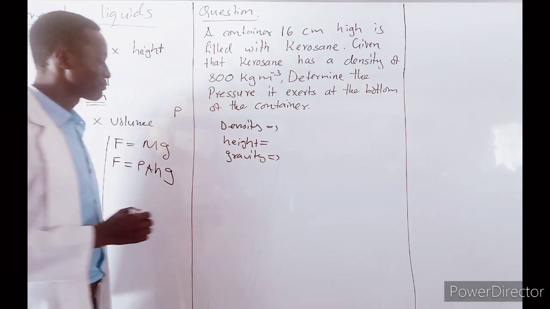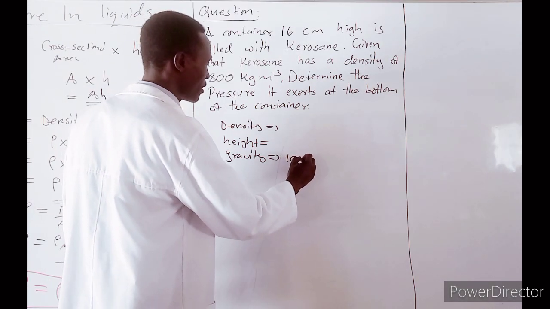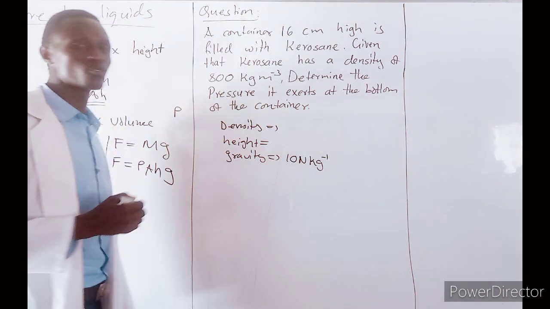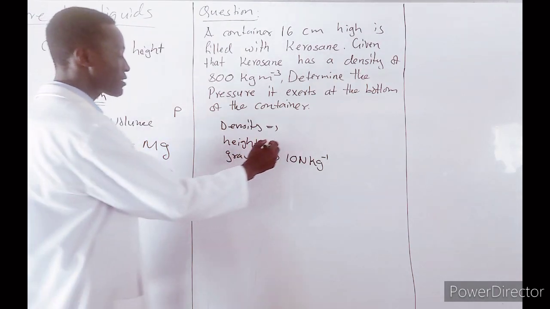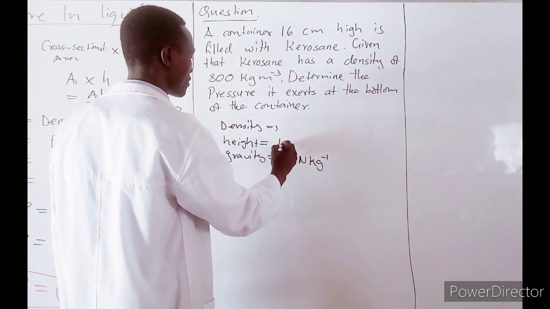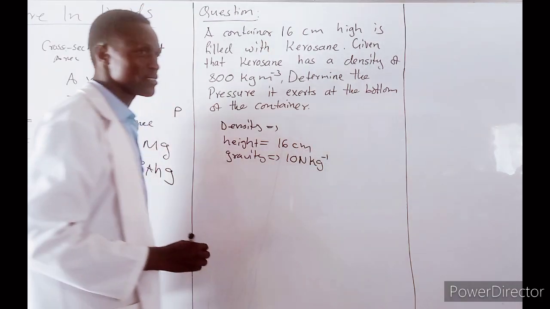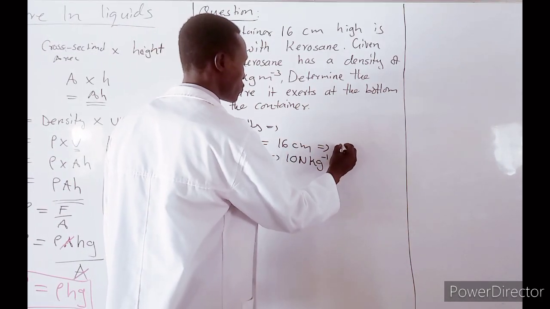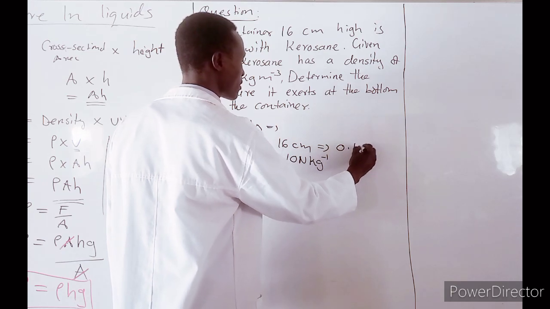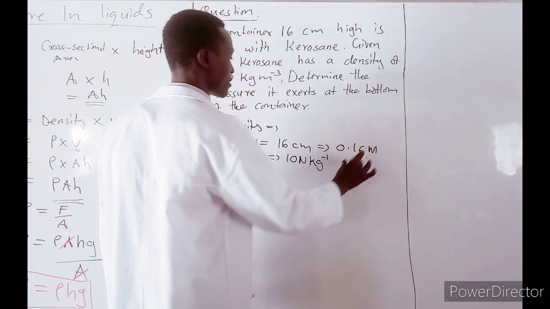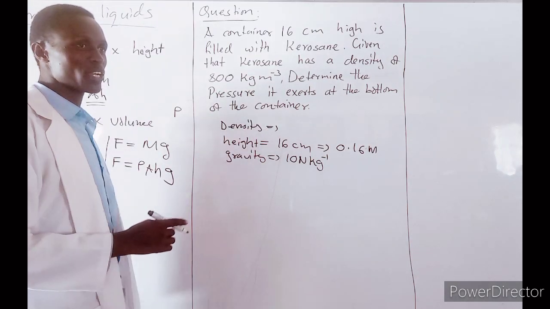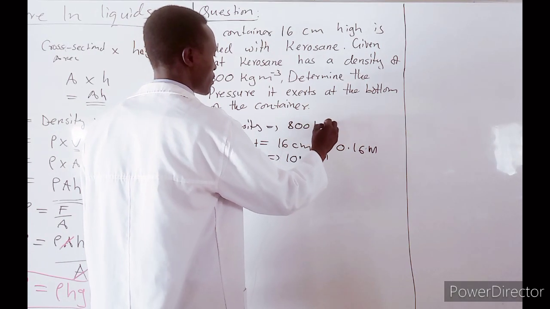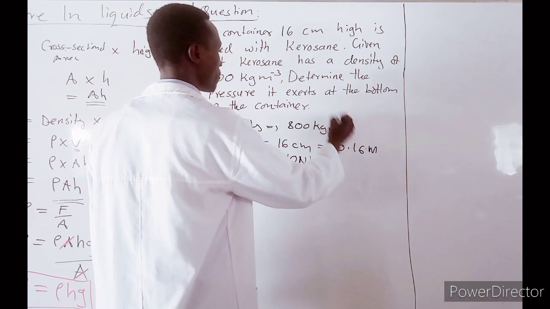Gravity is always 10 newtons per kilogram. Height has been given as 16 centimeters, which is 0.16 meters. The density of kerosene is 800 kilograms per cubic meter.